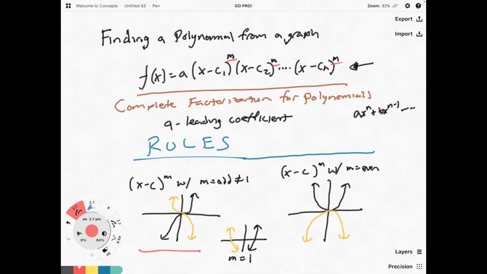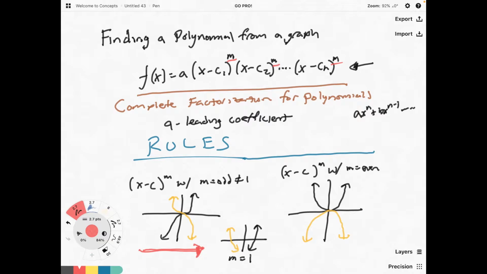This is true for x to the third, x to the fifth. They all have some resemblance of this graph here. And as x increases, so it goes from left to right, then we're going to cross over that x-axis and we're going to start increasing, and the sign changes.